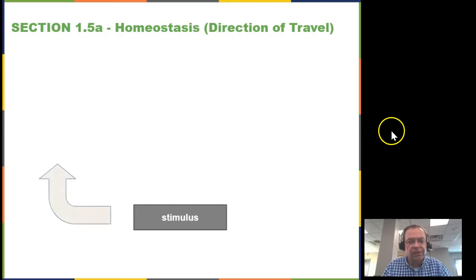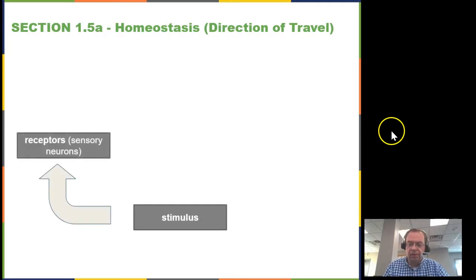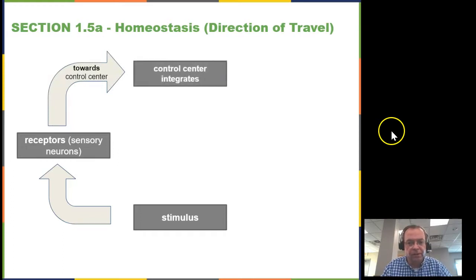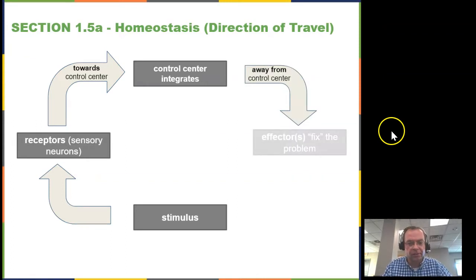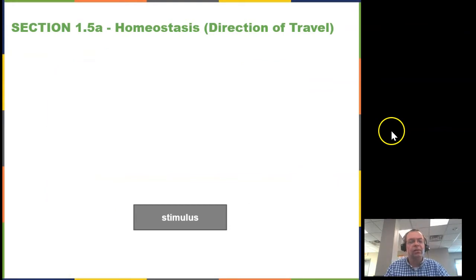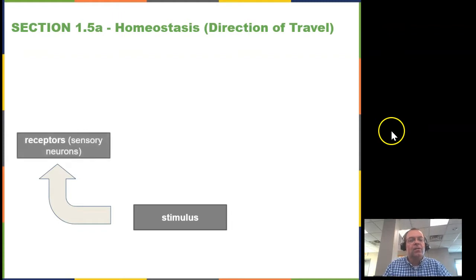So the stimulus gets picked up by the sensory neurons or receptors, and the impulses then travel toward the control center or integration center. Once the integration center decides what to do, it then sends impulses away from the control center to the effectors to fix the problem.